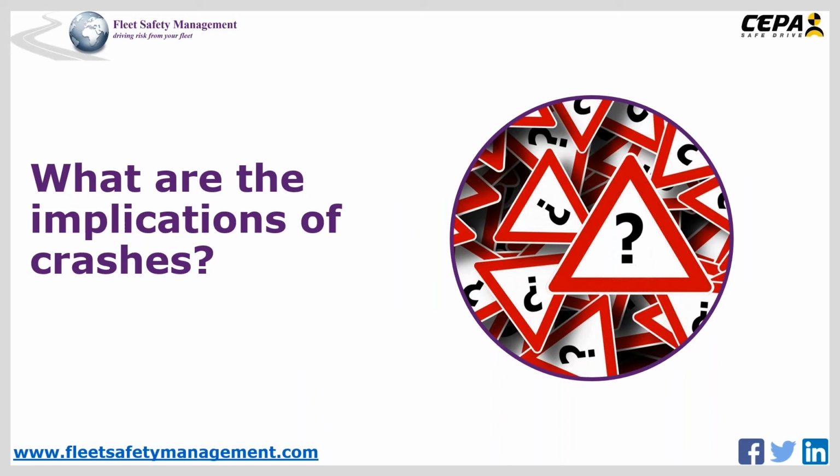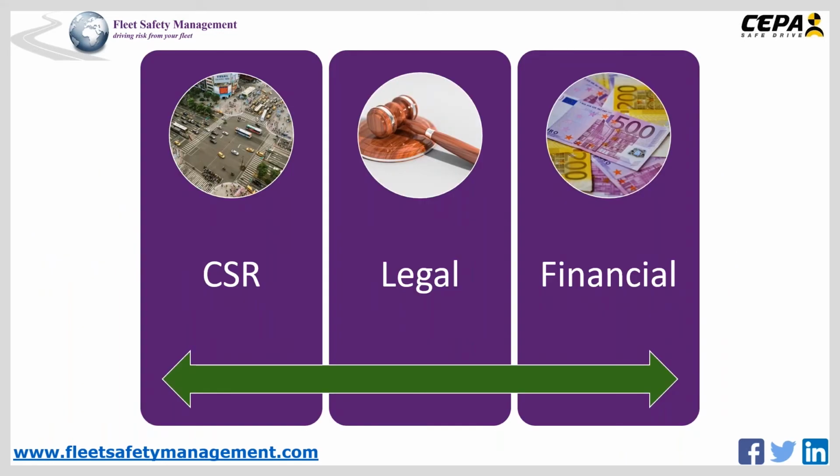So what are the implications of crashes? Well, that's going to depend on the severity and the exact nature of the crash, but it's likely to include some of the following things. So if you take your corporate social responsibility seriously, and I hope that you do, then clearly when a serious collision occurs, if your drivers are injured, then that's an issue, but perhaps a bigger issue is if third parties, people who you share the road with, are injured.